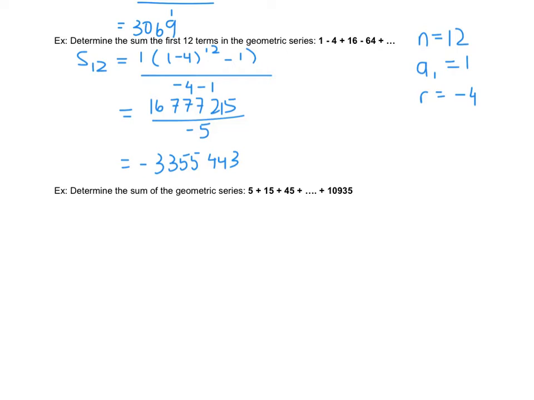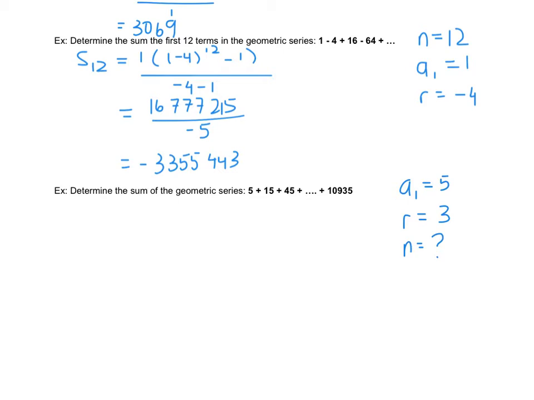Let's continue. Determine the sum of the geometric series 5 plus 15 plus 45 all the way to 10,935. So we know our a1 is 5. I can see that the common ratio is 3 because I'm multiplying by 3 each time, but I don't know the number of terms we have.